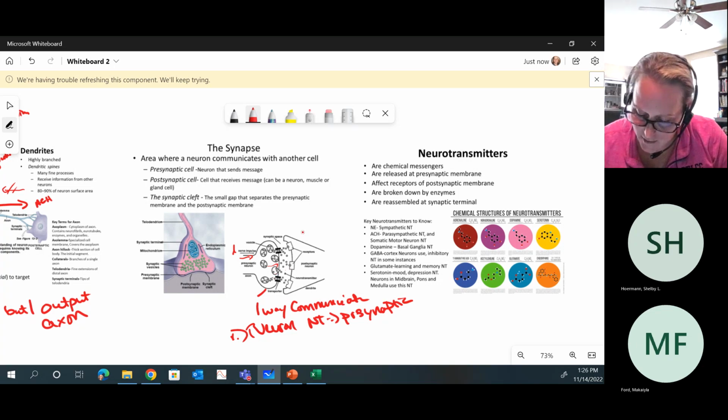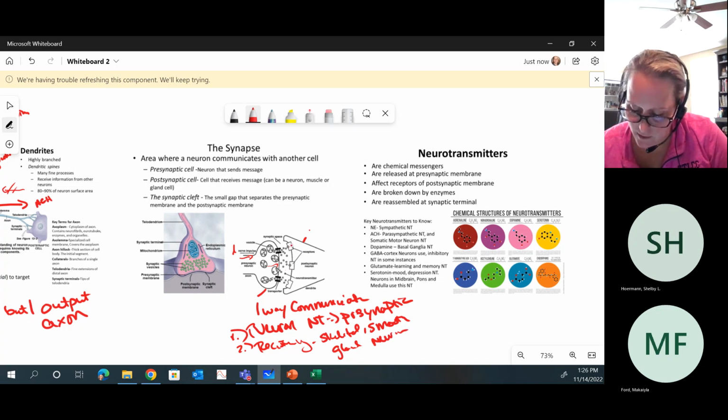Okay, the receiving cell, all right, so this is our receiving cell, and this can be a skeletal muscle, a smooth muscle, a gland, or another neuron.